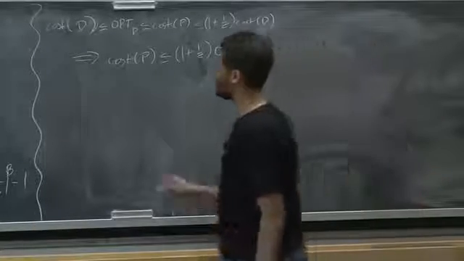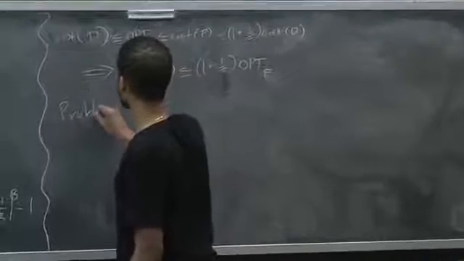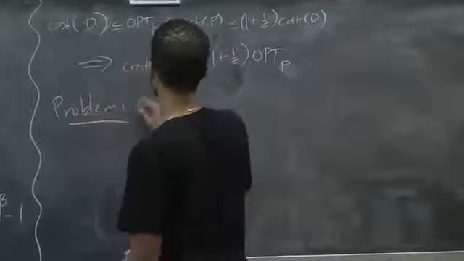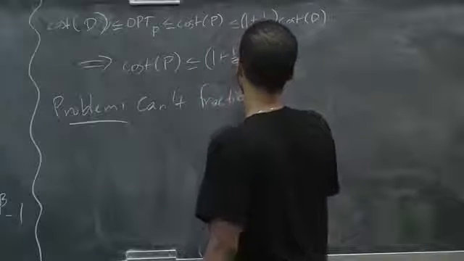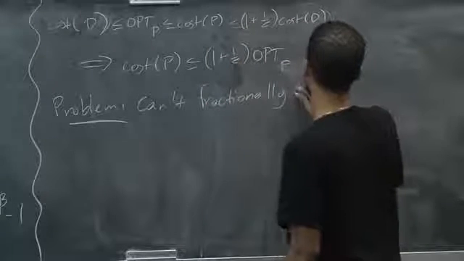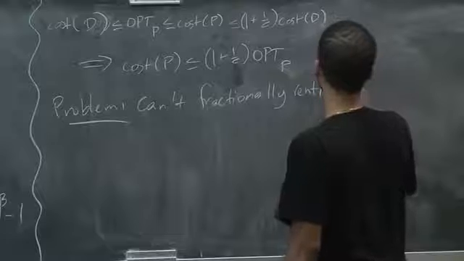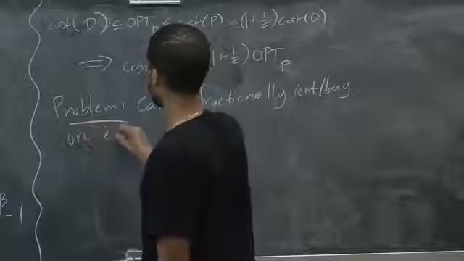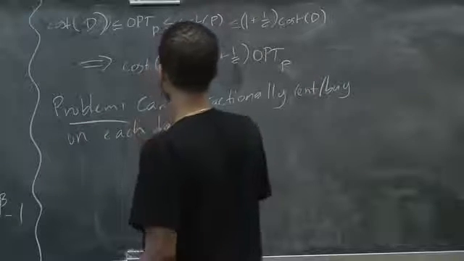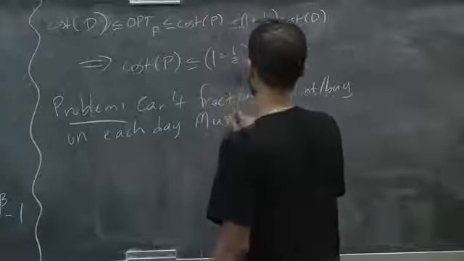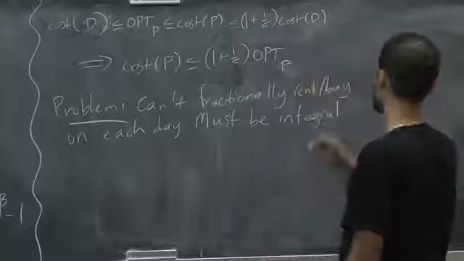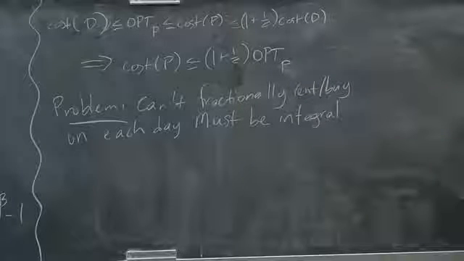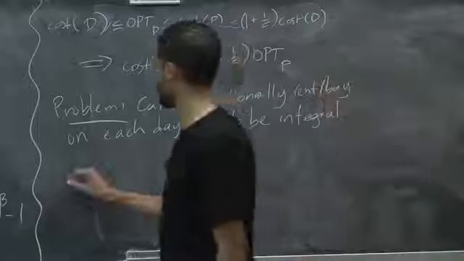So the problem is we can't fractionally rent or buy on each day. We must be integral. So the fix is going to be using randomization.